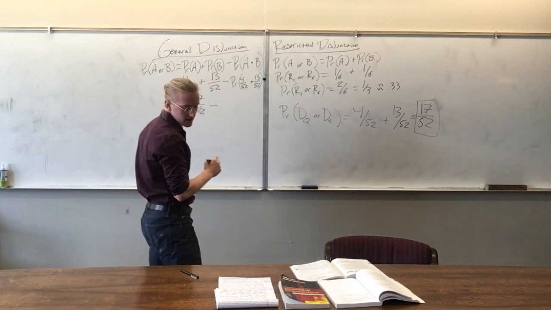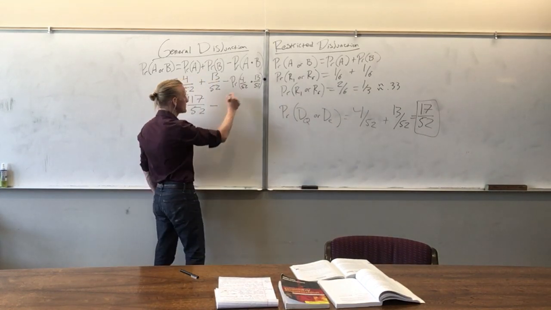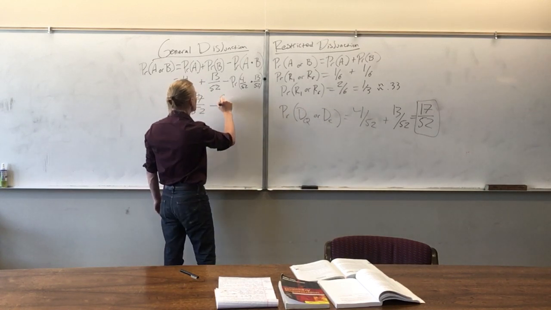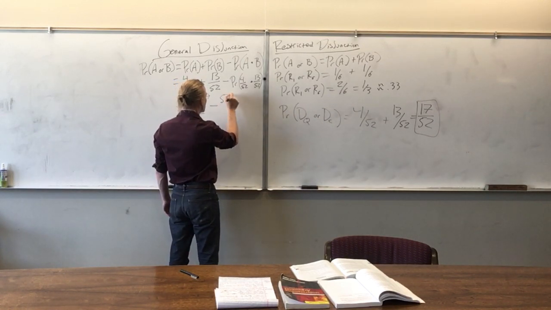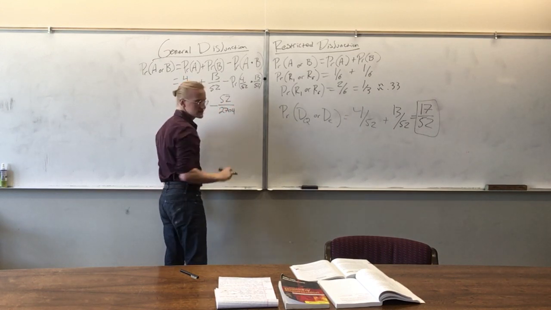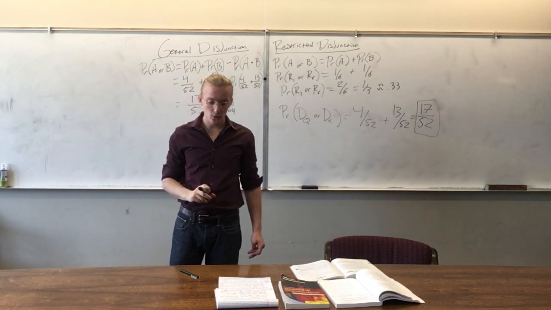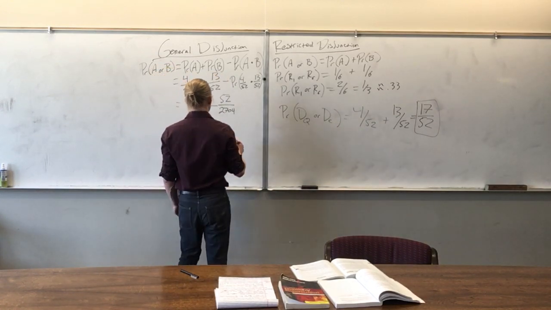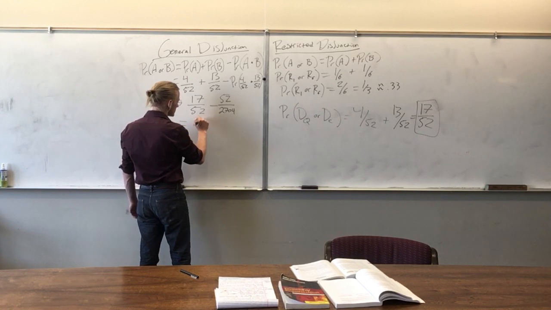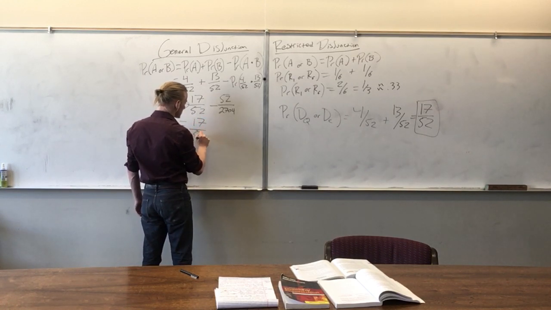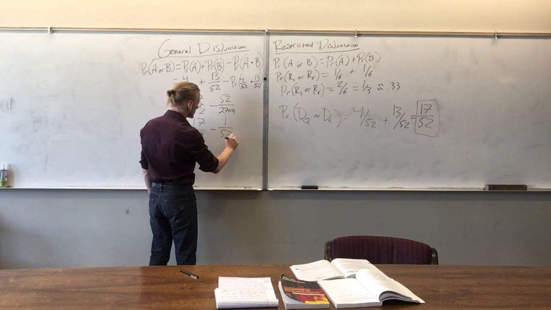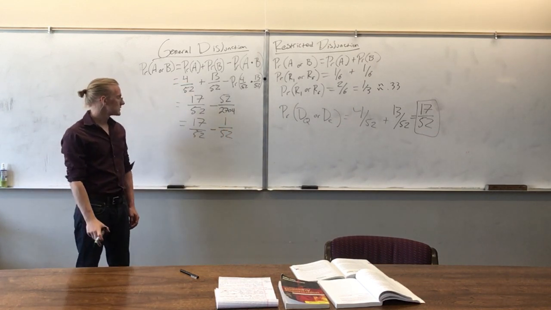Yeah, minus, so when we multiply these two together, we get 52 over 2704, which, as it turns out, is equal to, if we reduce this fraction, 1 over 52.